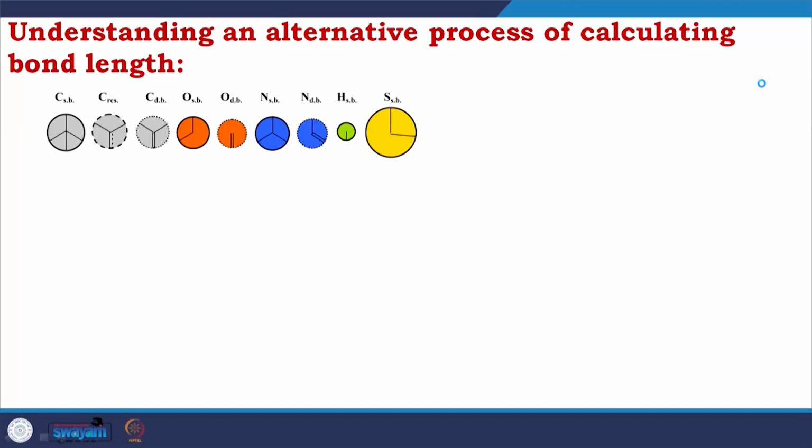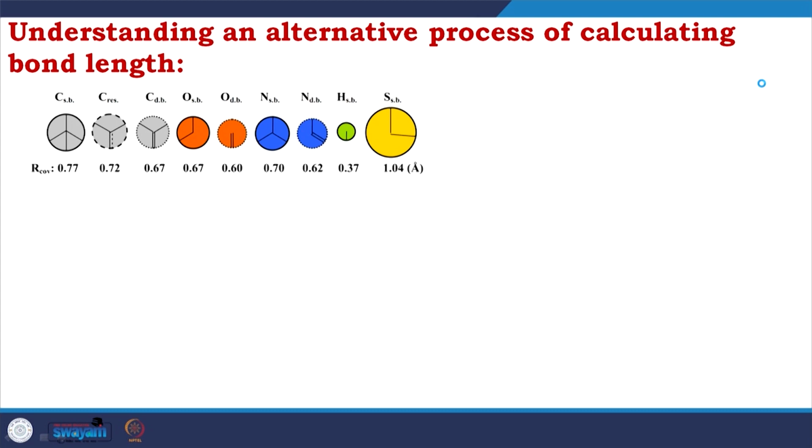Here is a method which will give you a very easy way of calculating the bond lengths. Remember I talked about carbon single bond, carbon resonated, carbon double bond, oxygen single bond, double bond, nitrogen single bond, double bond, hydrogen single bond and sulfur single bond.